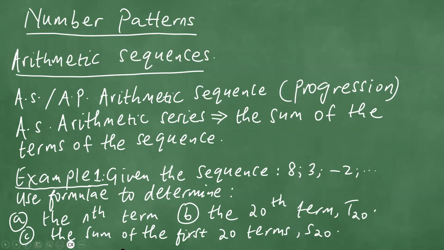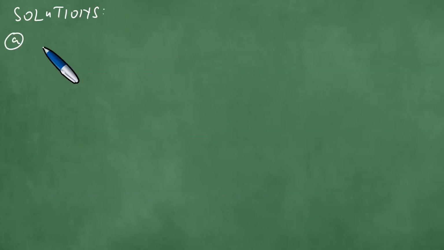Okay, let's look at the solutions now. We're looking at the solutions to these particular questions in the example. Right, in A, remember that we have been given the sequence.